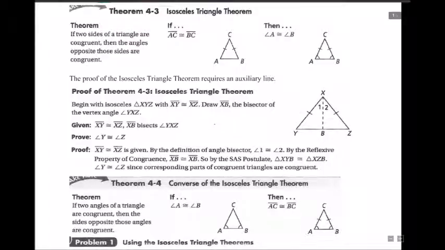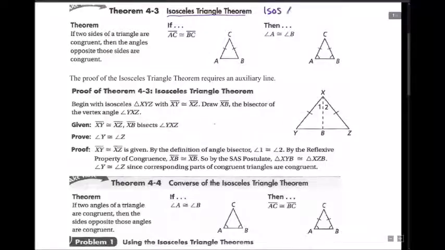Let's look at our first theorem here. It's called the isosceles triangle theorem. And guess what it deals with? It says, if you have an isosceles triangle, see our diagram here, we've got our two congruent sides. If two sides of a triangle are congruent, then the angles opposite those sides are also congruent.